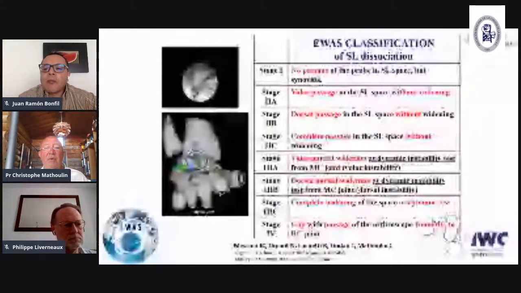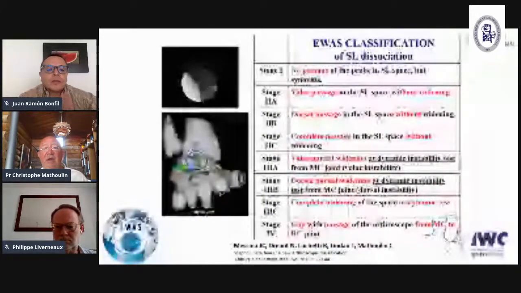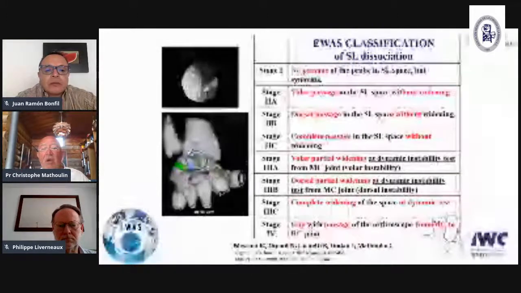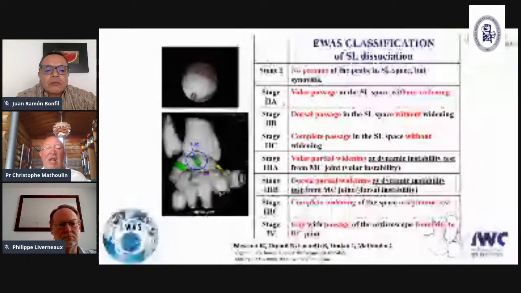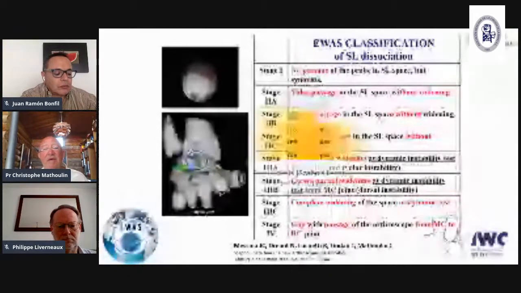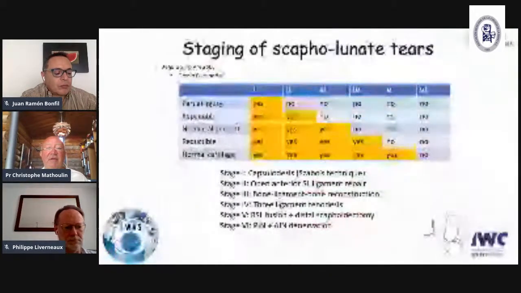And with the EWAS, we modified this classification, adding stage A, meaning only the volar lesion, stage B, only the dorsal lesion, and stage C, the complete lesion. Like that, we can improve the sensitivity, the perception of this classification.